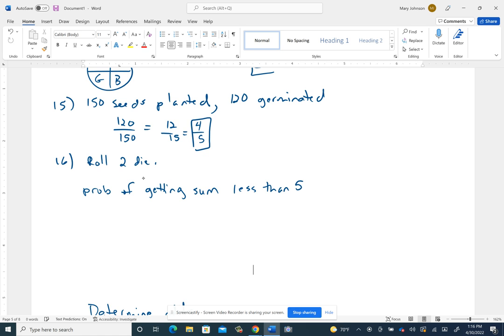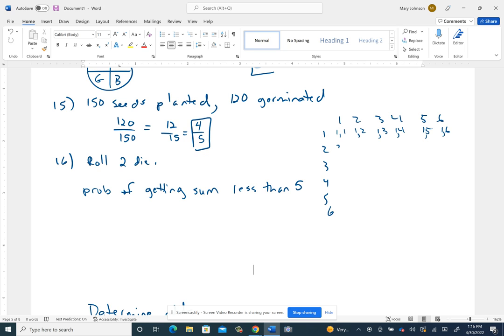So you'd have to think about the possibilities. That product table really helps, and sometimes you want to see the actual outcomes on each die. So you might have 1 1, 1 2, 1 3, 1 4, 1 5, 1 6, which are the actual outcomes, and then you need the sum of those.